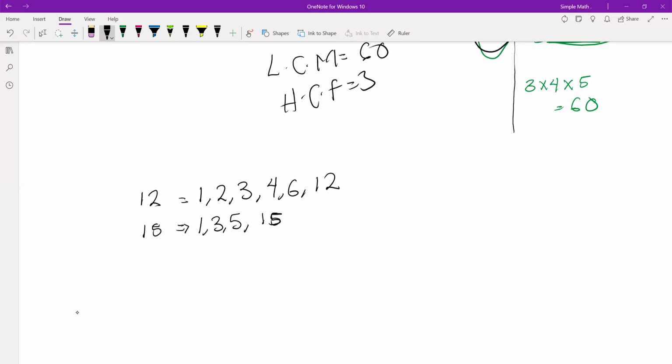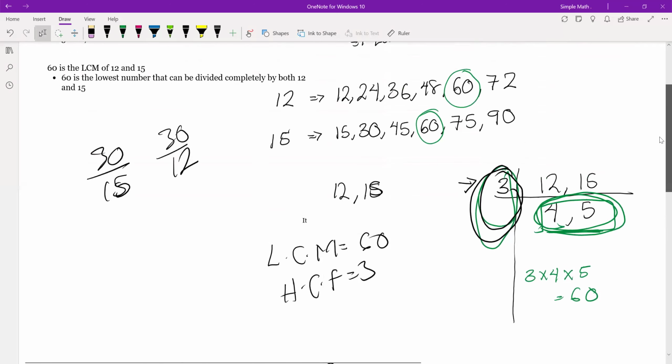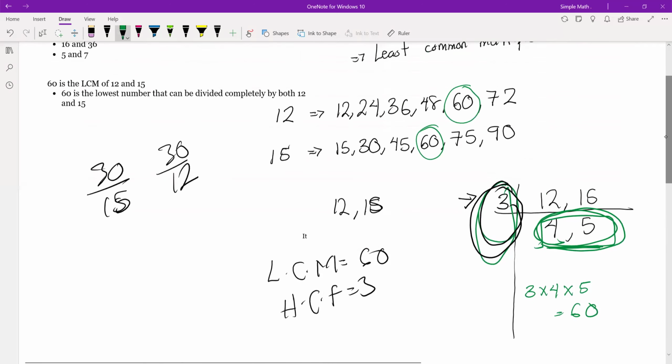Which factors do they share? They share 3. 3 is the only factor they share. So for HCF, you pull out the factors and find the highest one. For LCM, you pull out the multiples and find the lowest one.